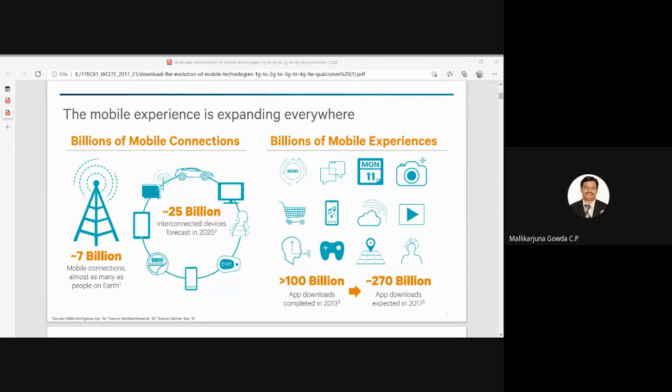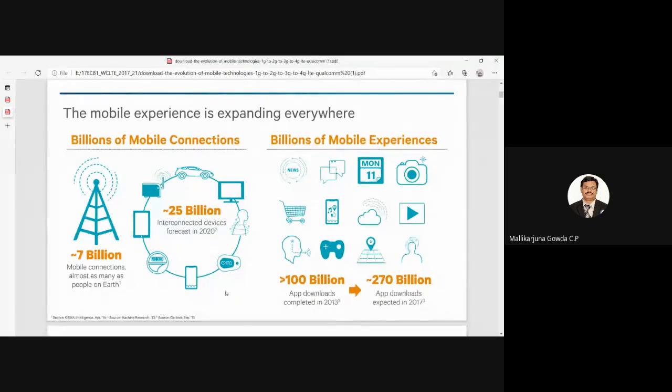What is your understanding? Is it so difficult to interpret or say something about this slide?